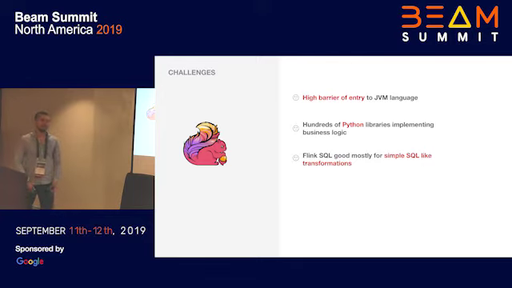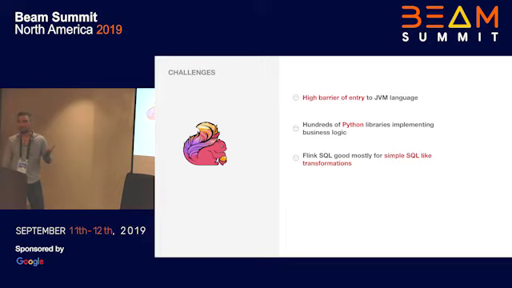Some developers probably know how to write Java applications, but still, all of the services they maintain are in Python, so they probably don't want to maintain a service that is on a completely different stack. And then there is the problem of all the business code that exists. We have hundreds of libraries, millions of lines of code implemented in Python. No way we are going to implement it in Java.